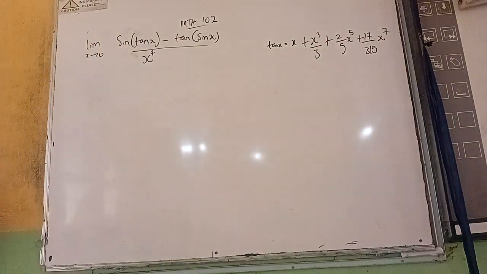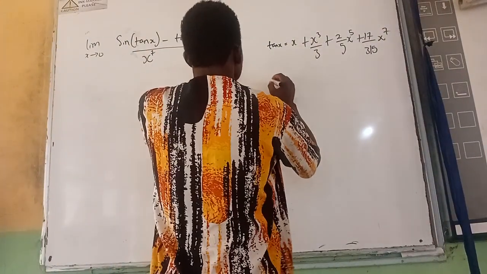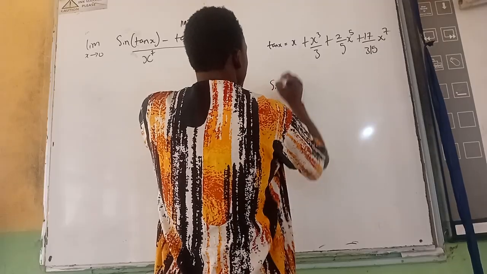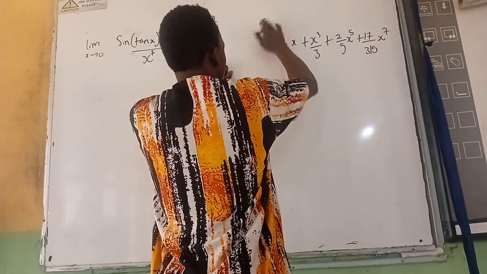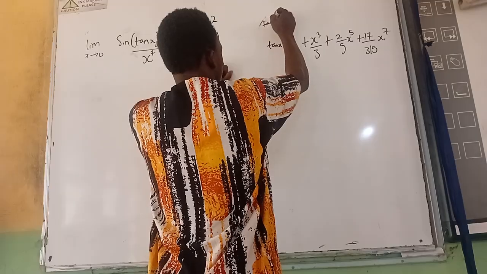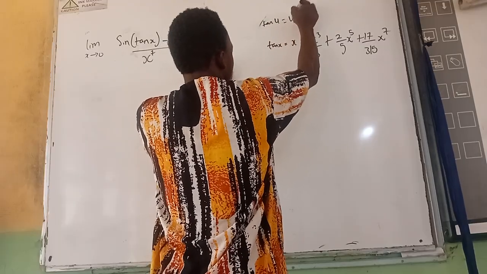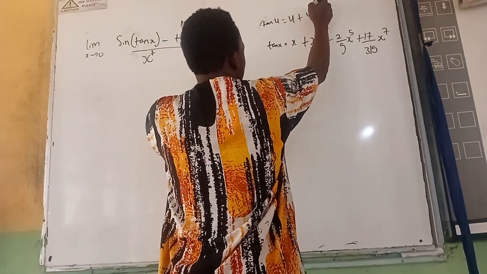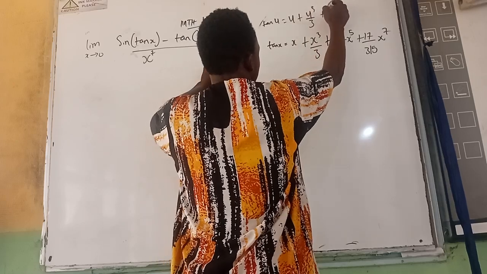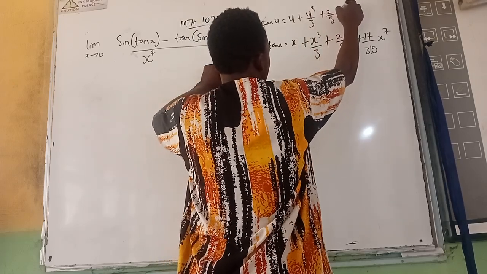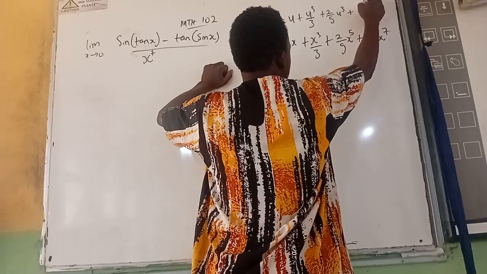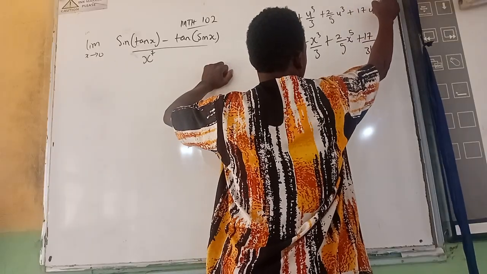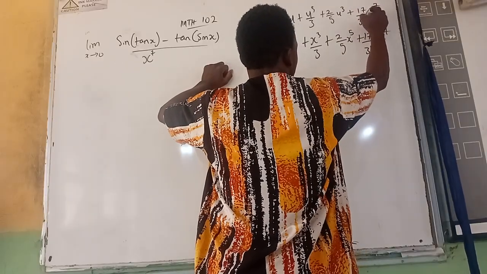Now for sine x, let me say sine u. Let me also put tan u. Tan u equals u plus u cube over 3 plus 2 over 5 u to the 5 plus 17 u7 over 315.